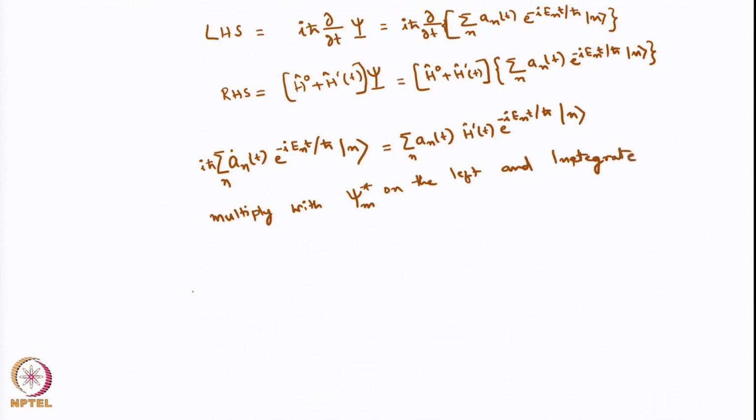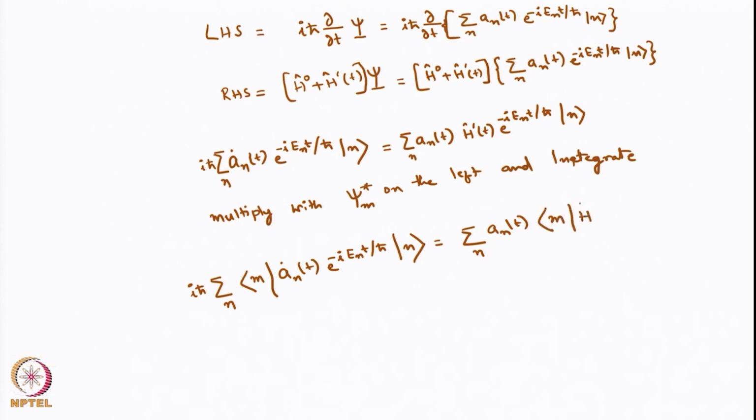In such a scenario, what you get is i h bar sigma over n bra m ket n a n dot of t e to the power of minus i E n t by h bar is equal to sigma over n a n of t bra m H prime of t ket n e to the power of minus i E n t by h bar.